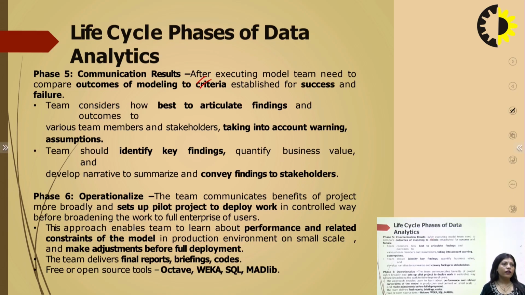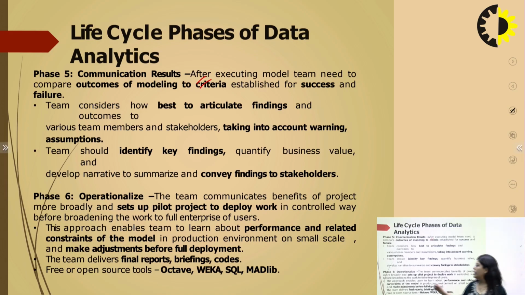The team should identify key findings, quantify business value, and develop a narrative to summarize and convey findings to the stakeholders. So the result can be communicated to stakeholders or customers, who check whether the outcomes are according to the requirement or not.